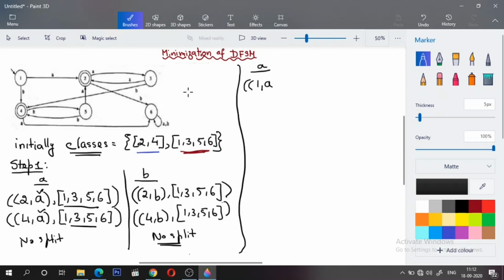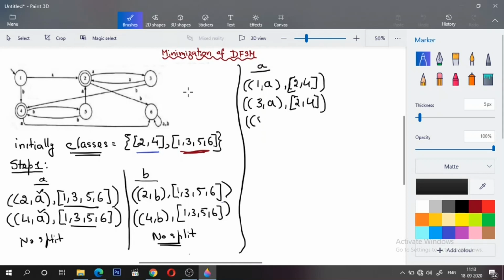1 upon A will make a transition to 2, right? So, I have to write it in this way, and 2 belongs to a class containing 2 and 4. Okay. Next, we have 3 upon A. So, 3 upon A will make a transition to 2. So, 2 again belongs to 2, 4. So, I have to write that entire set.